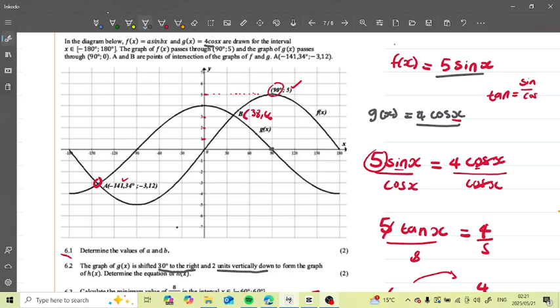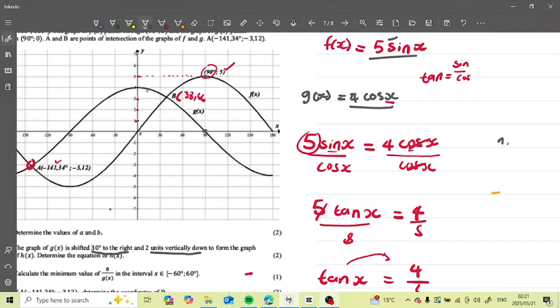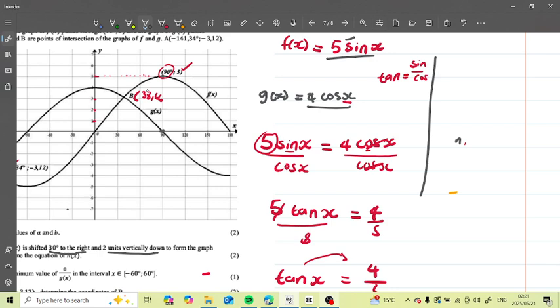So in this instance, I'm going to substitute it into my sine graph. To find my y, it will be 5 sine of 38,66. Remember on your calculator, do not round off until you get to your final answer.